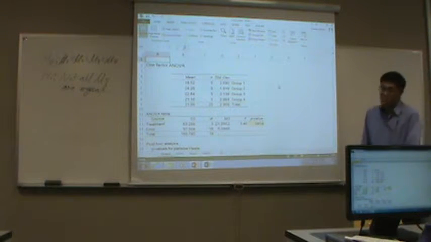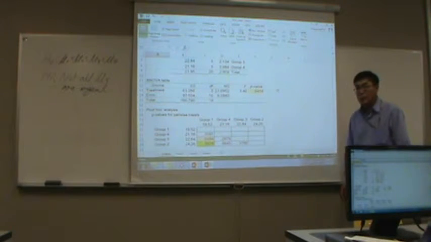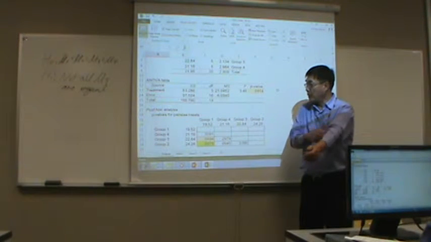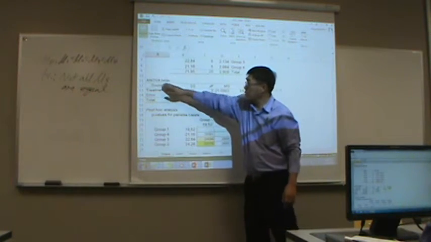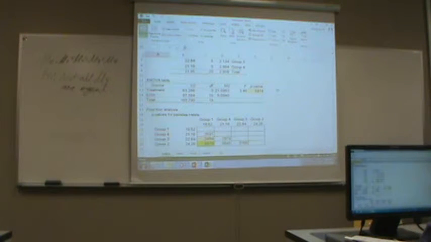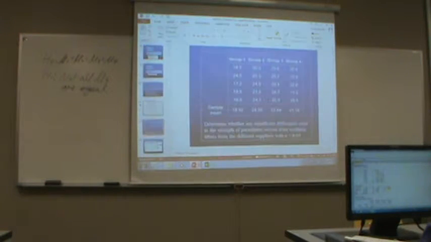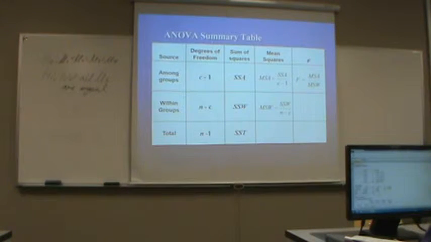Okay. Here, after running one factor ANOVA, this one produces output like this, then it says ANOVA table. A little bit different, but like this. Degrees of freedom, first one C minus 1 and N minus C. This one is DF1, DF2, right?